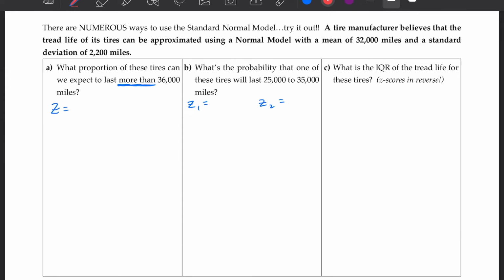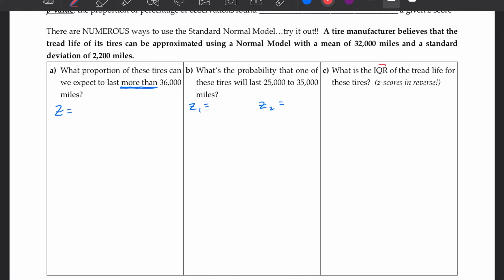And then the last one, we'll talk about what the IQR is for the tread life of these tires. So this is using z-scores in reverse. Instead of having an observation, finding a z-score, and moving to your z-score table, you're actually going to start on the table, because they tell you IQR, which is the middle 50%.